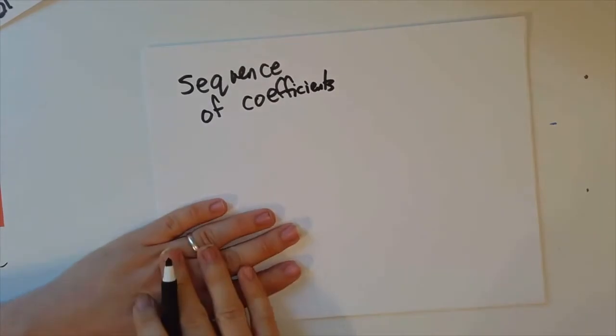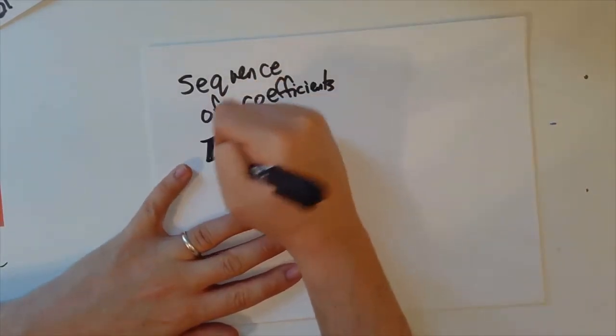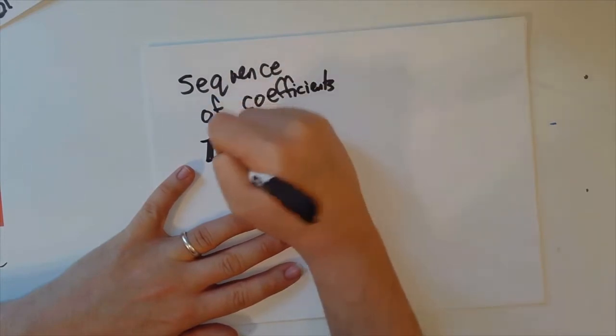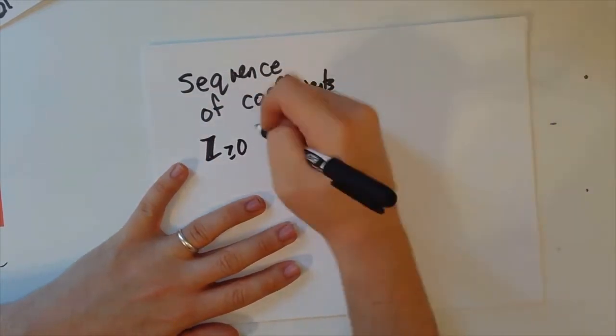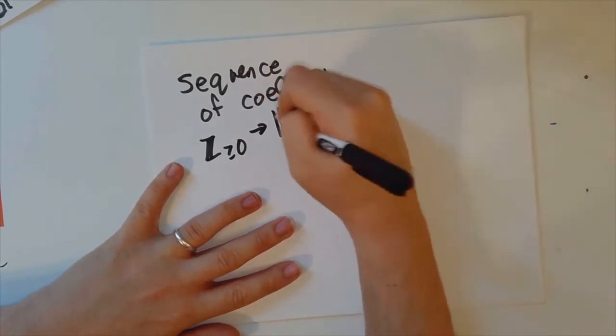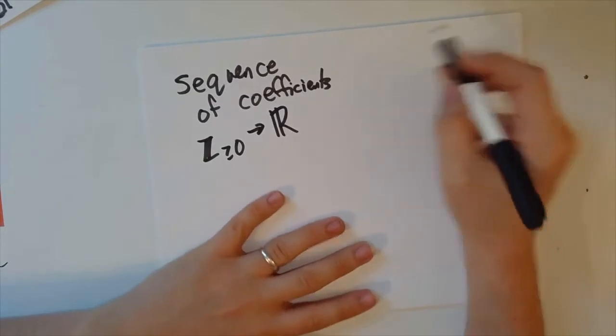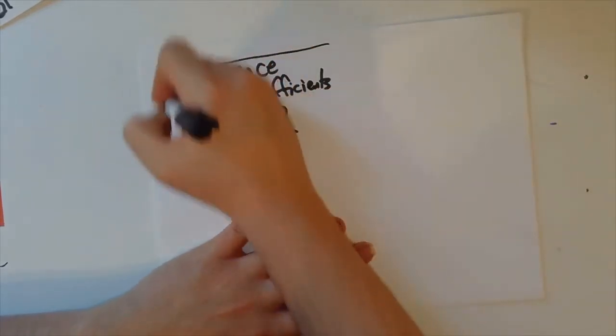A sequence is just a function from the positive integers or the non-negative integers, probably, to the reals or the complexes or the integers or whatever you want. It's just a list. That's one of the boxes.